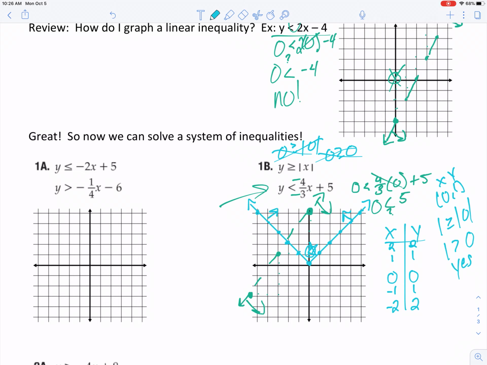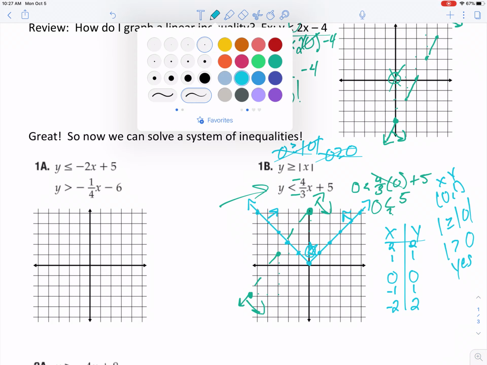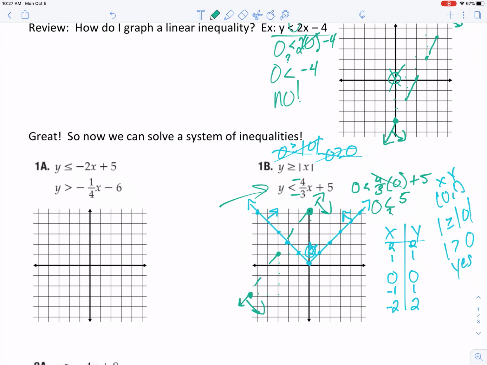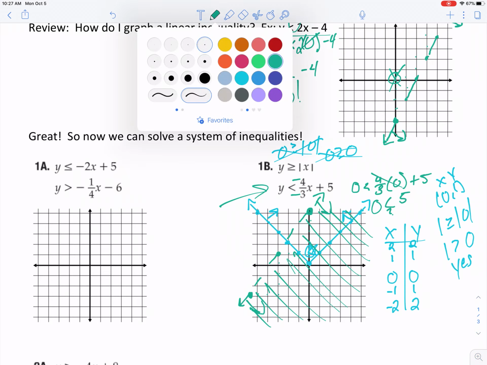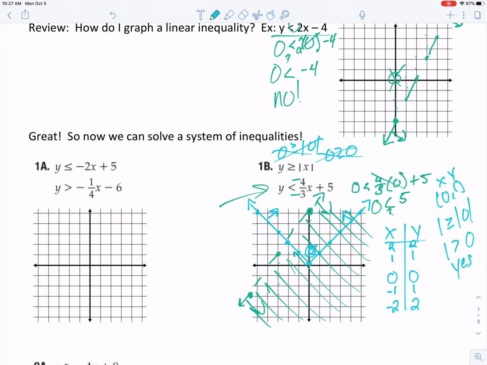And then you are asking yourself, what part of the graph does everything get to shade? So if you can see it just based on the arrows, that's awesome. If you're having a hard time visualizing it, the green all shades this way, right? The blue is all shading this way, right?